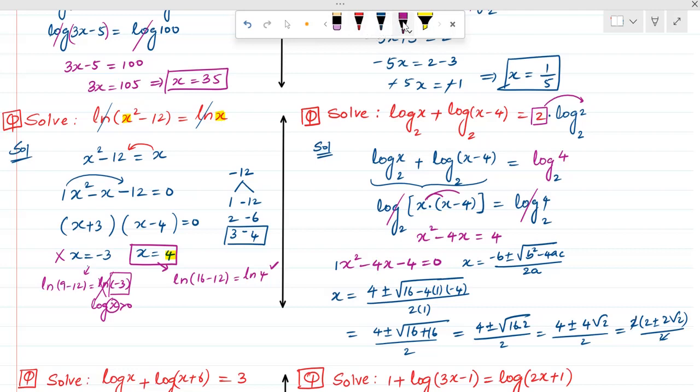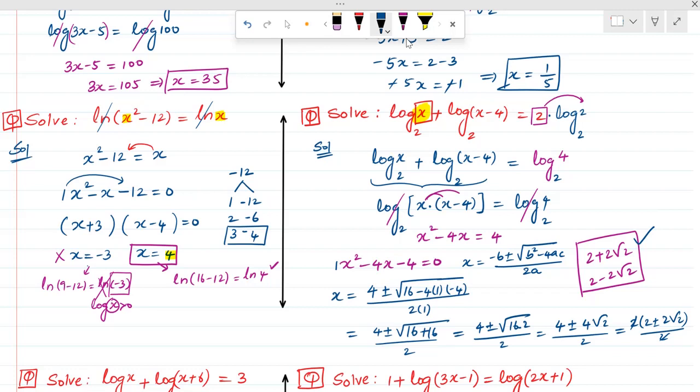What are the 2 solutions? 2 plus 2 root 2, and 2 minus 2 root 2. So these are the 2 solutions you will get at the last. I have to choose which one is the correct one here. Since the x value must be positive, when I substitute this one, it becomes positive, but this one is a negative value because root 2 is more than 1.